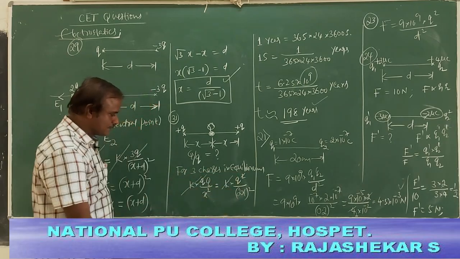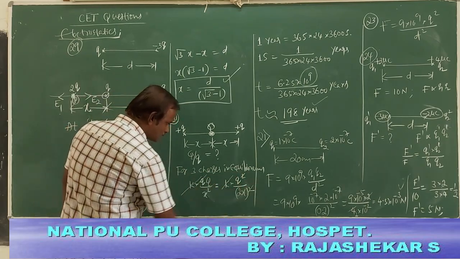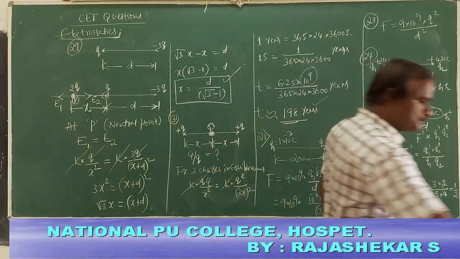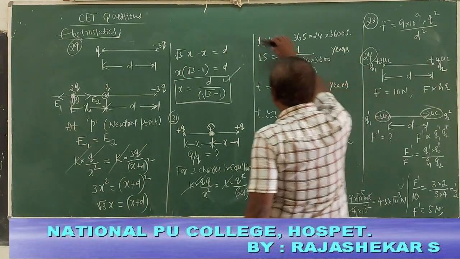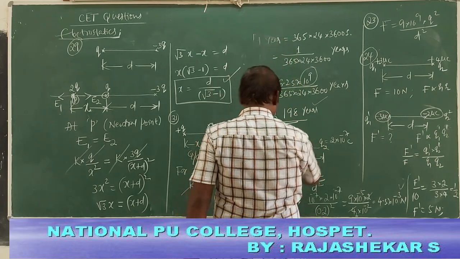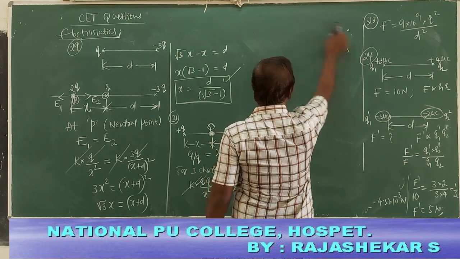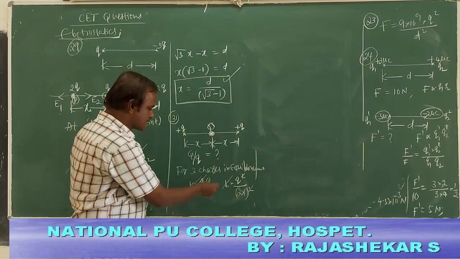Cancel. And x square cancel. In fact, the sum of the forces should be 0, students. So you will get a minus sign actually.